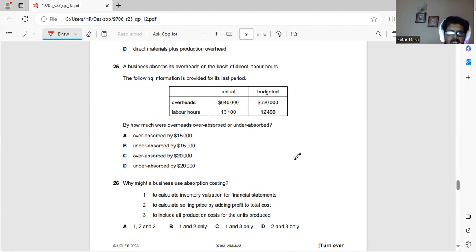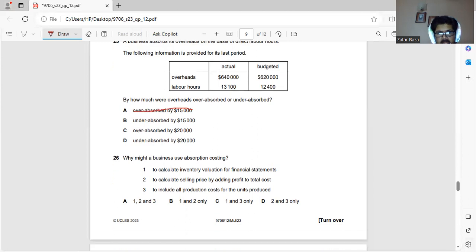So if labor has worked for 13,100, our overhead will be 655,000. Okay, absorbed overhead is 655,000, but actual overhead is 640,000. That means 15,000 over absorbed. A option is the answer.